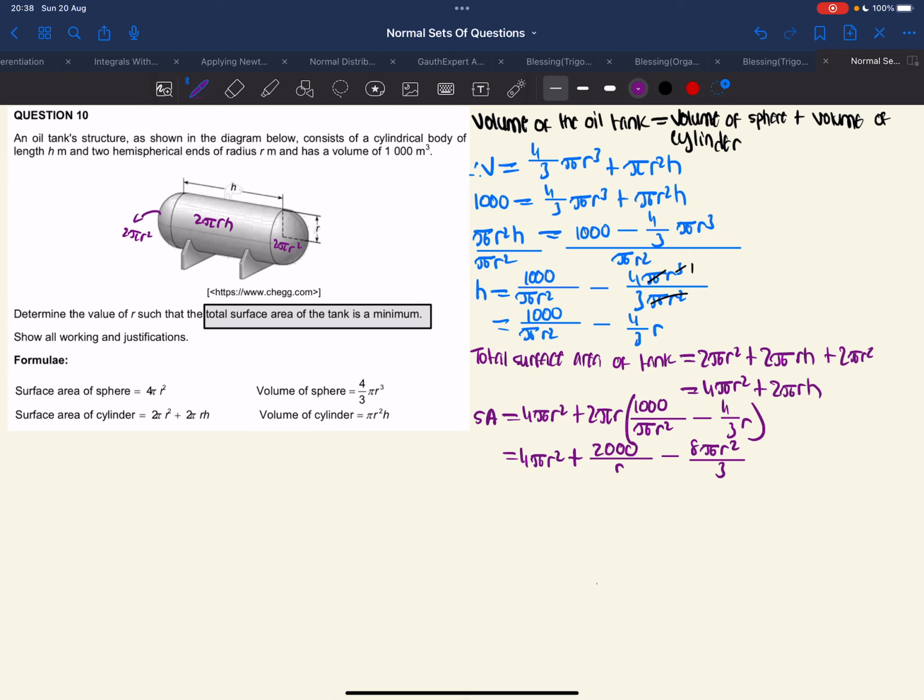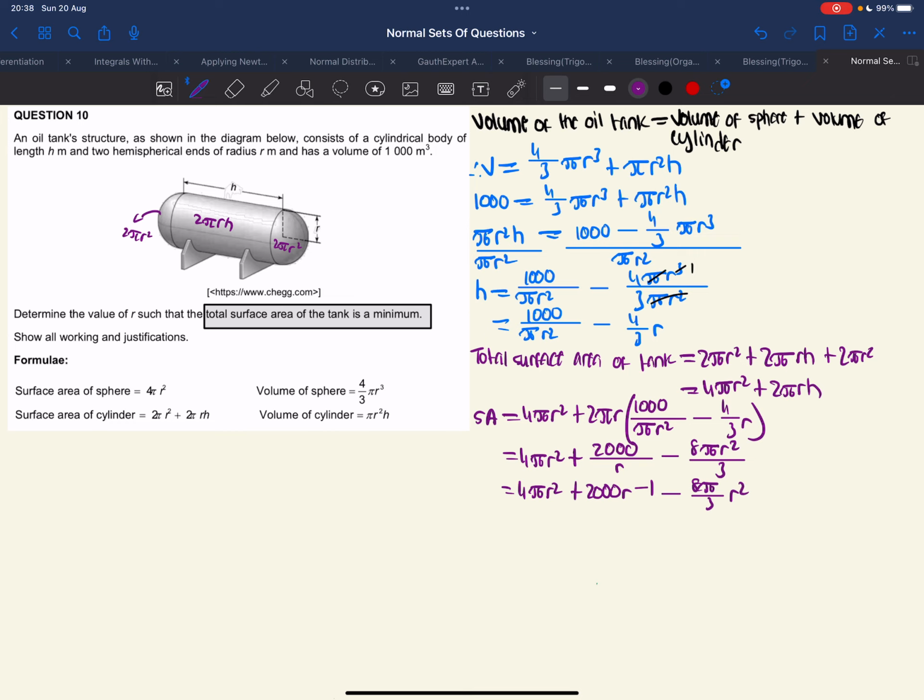And then basically what you can now do is write those in terms of negative exponents. So we can have this as 4 pi r squared plus 2000 r to the power of minus 1, and then minus 8 pi over 3 r squared. Oh, and then we can add those also, right?